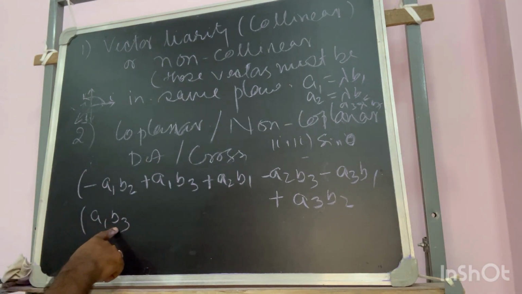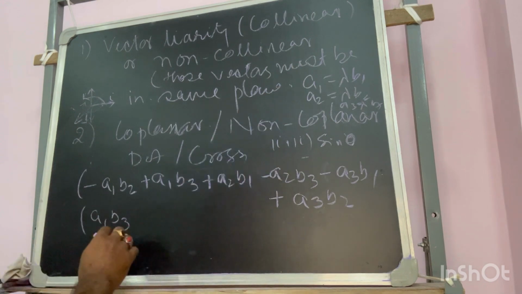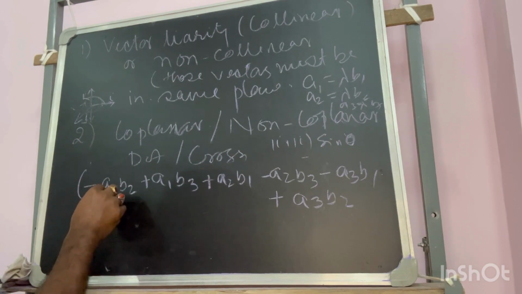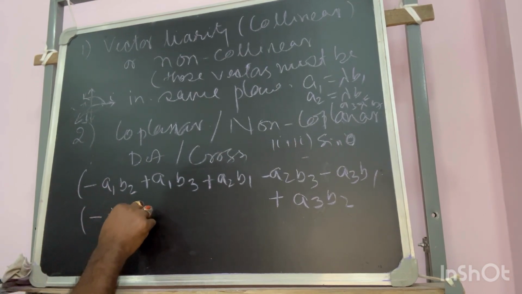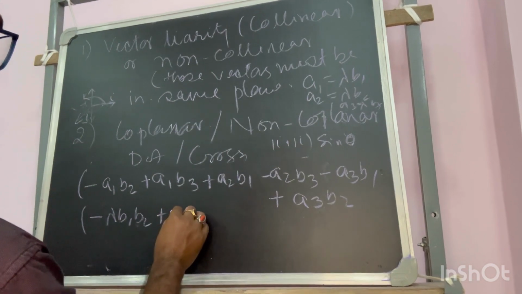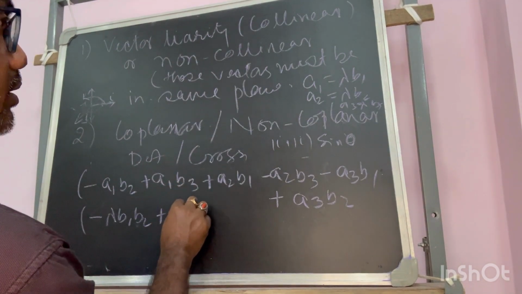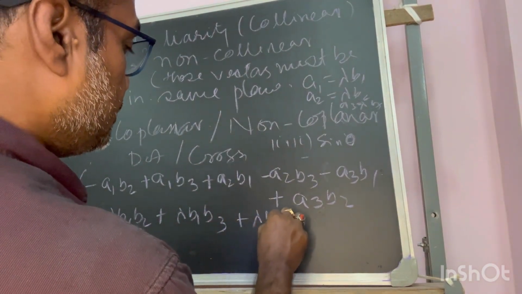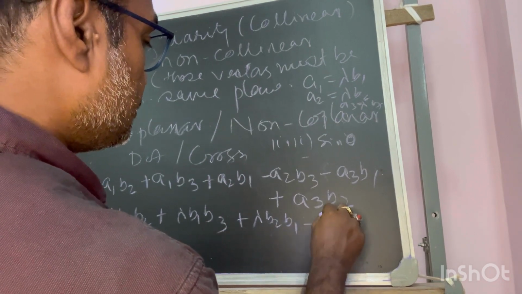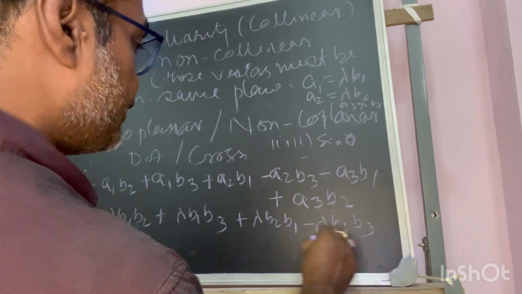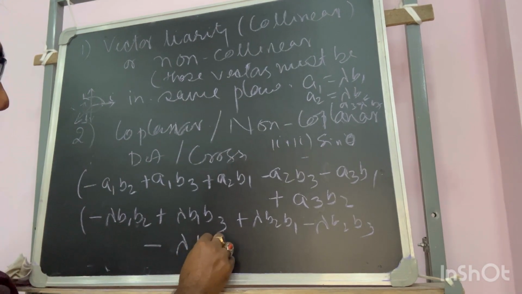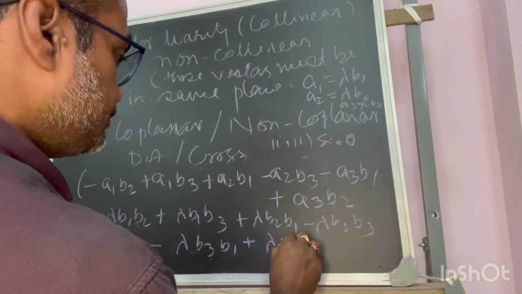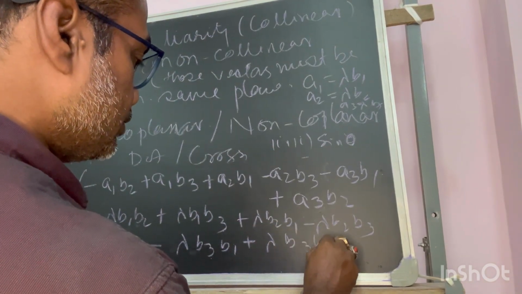Now if I replace the values here itself, A1 will be replaced: A1 is equal to lambda B1 B2 plus A1 is equal to lambda B1 B3 plus A2 is equal to lambda B2 B1 minus A2 is equal to lambda B2 B3 minus lambda B3 B1 plus lambda B3 B2.